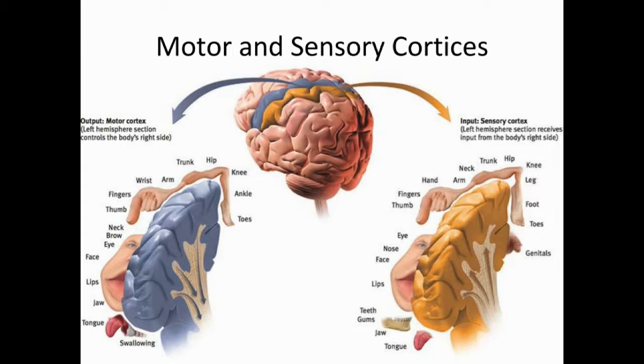A second thing to understand about the brain is that the brain is plastic, and what we mean by that is that it can change its functions over time. And so if you were, for example, to be in an accident and lose your right thumb, the region of the motor cortex that was associated with coordinating the movements of that right thumb is not going to just go dormant.